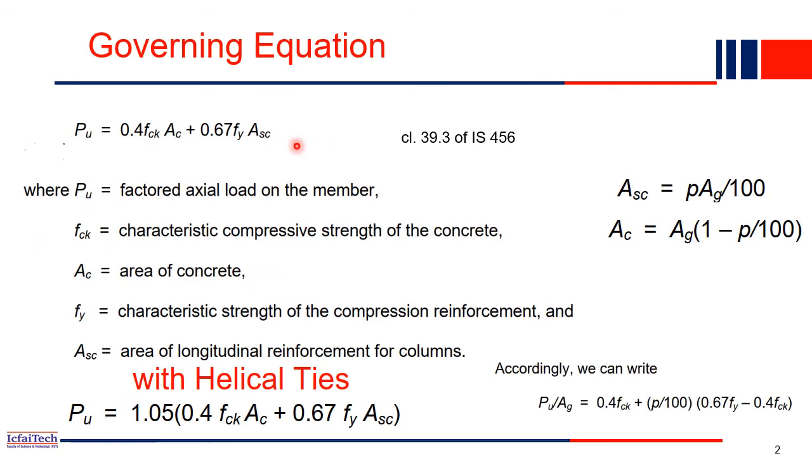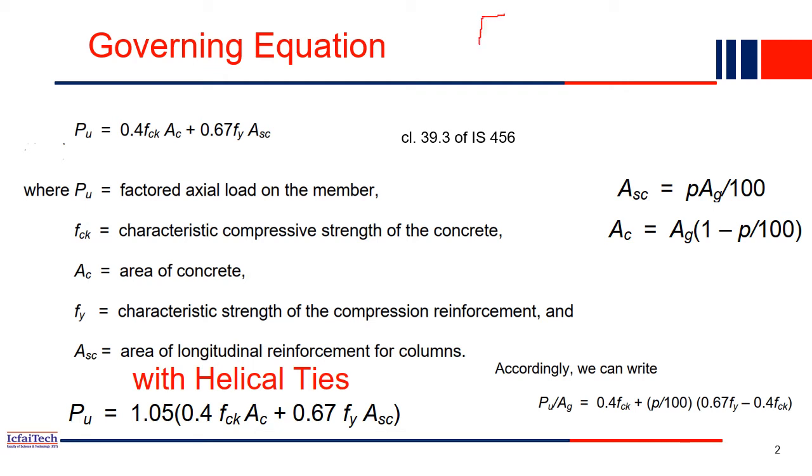So let's get started. To design a short column, please remember that in this example we are designing a short column, and the forces are constant and axially applied. So it is the first case of loading pattern, where the loads are applied only axially. Let's draw a short column here.